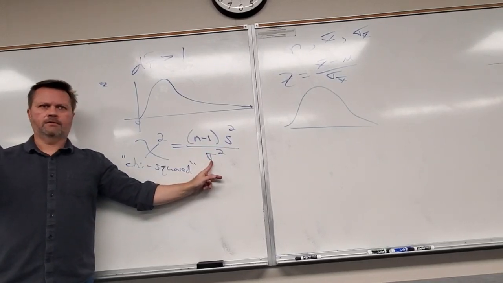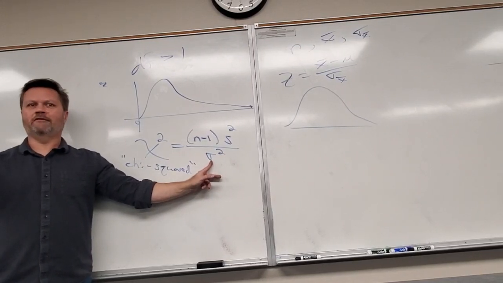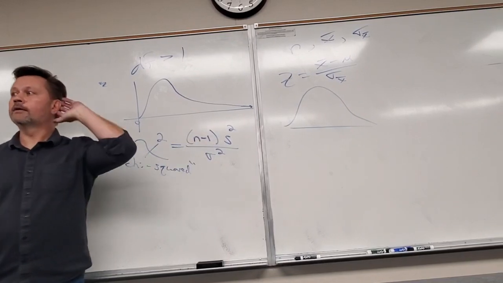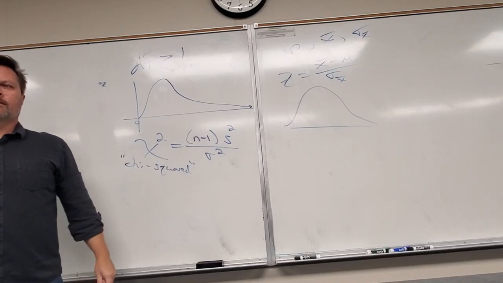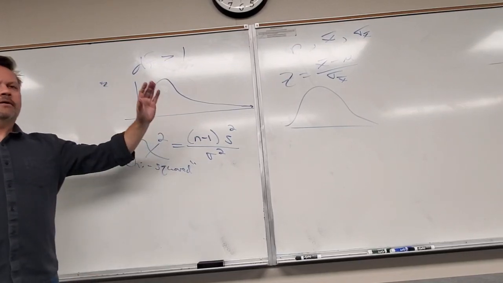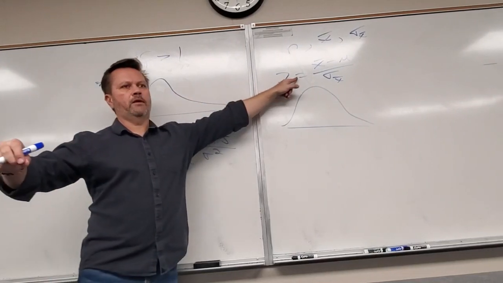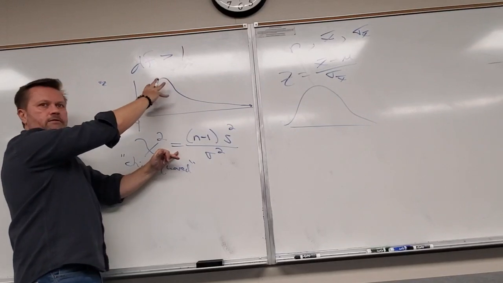That is the population standard deviation. This, degrees of freedom, yes, okay, I like it, right? Kind of nifty. This formula is analogous to that formula. This formula will tell me where I am in this distribution.